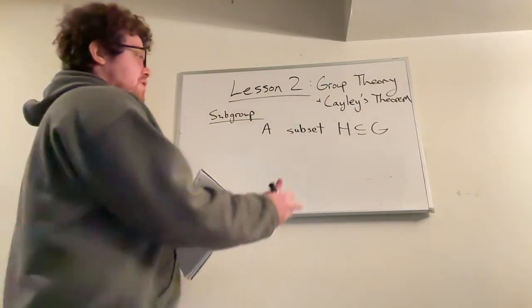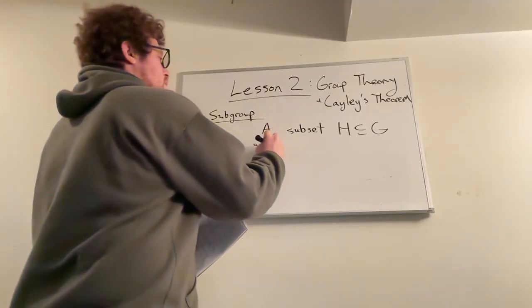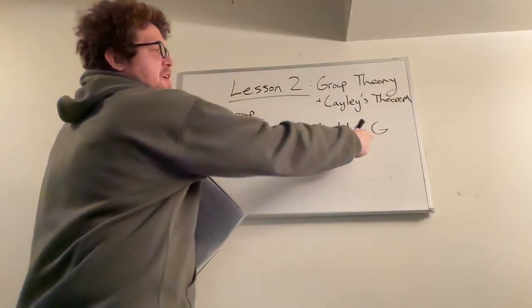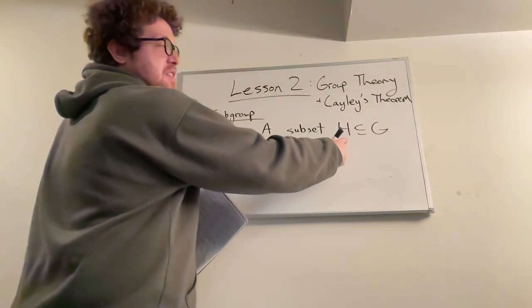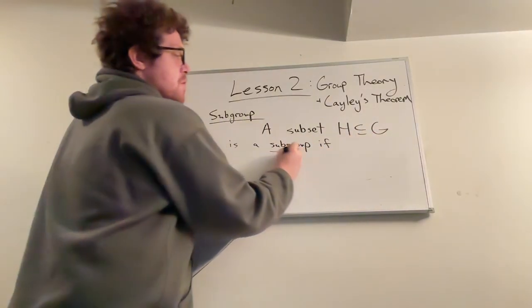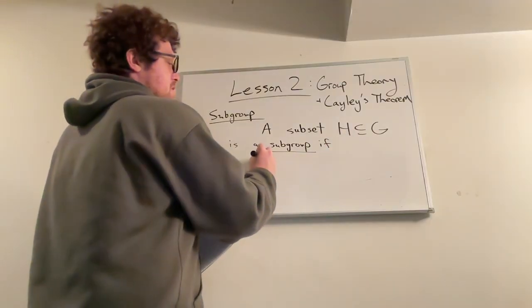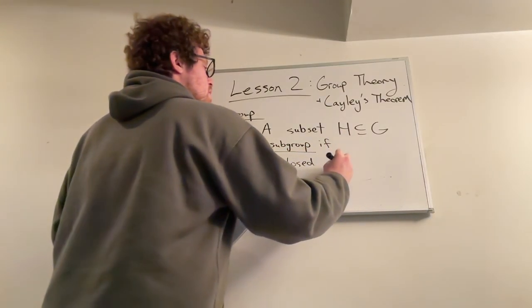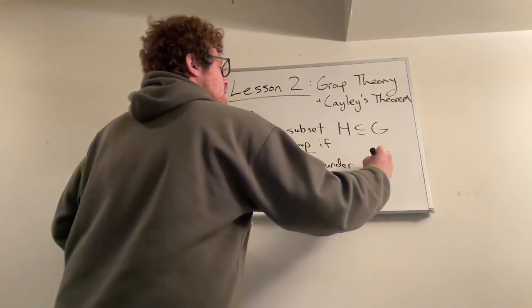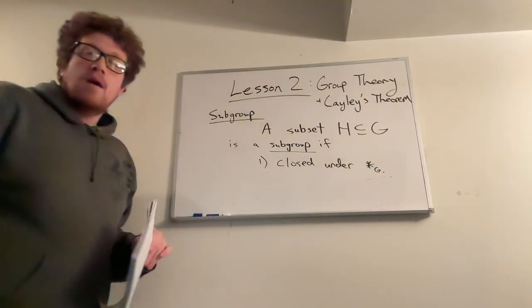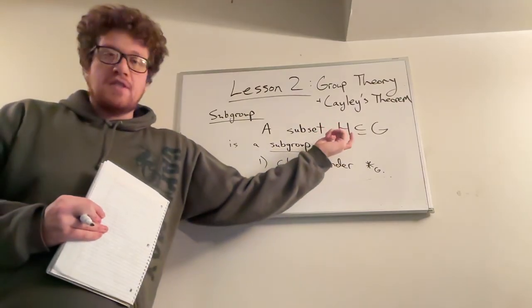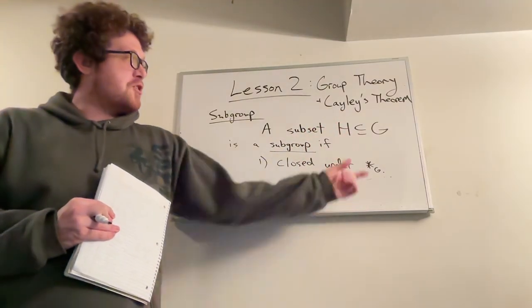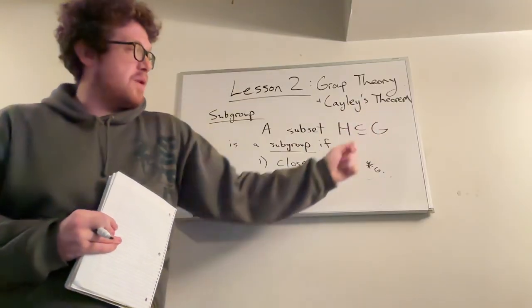So first, a subset of a group is a subgroup if it's closed under the product in G, meaning that if I take any two elements from the subset and I multiply them together, I should get something else in that subset H. So I shouldn't leave the subset when I'm multiplying elements in it.